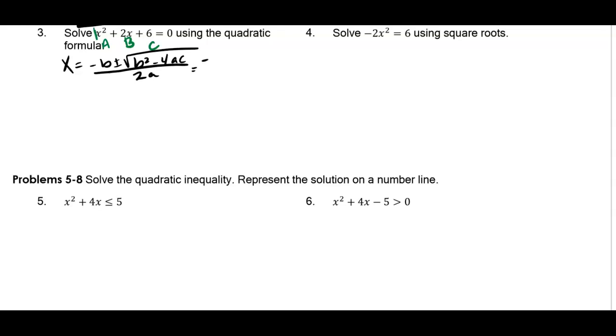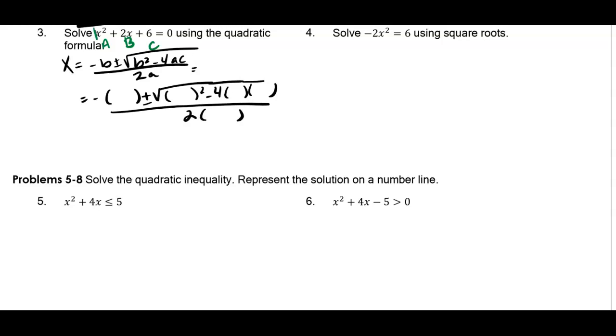So I'm going to put parentheses negative b plus or minus, let me write it down here. I'm not going to have enough space. Negative b plus or minus the square root of b squared minus 4 times a times c all over 2a.